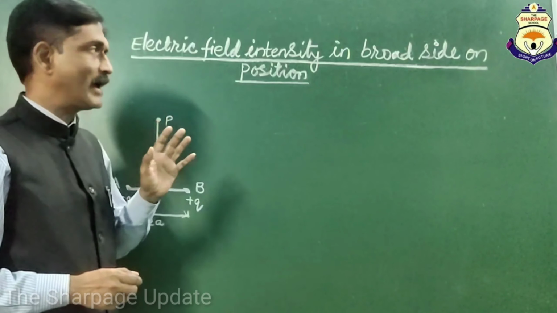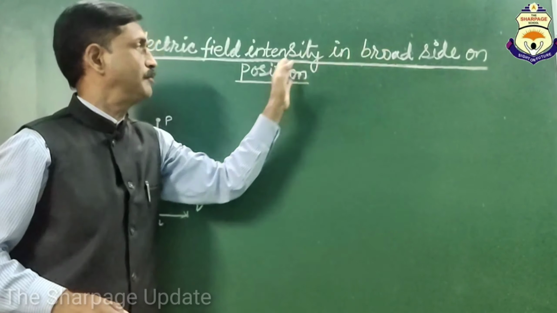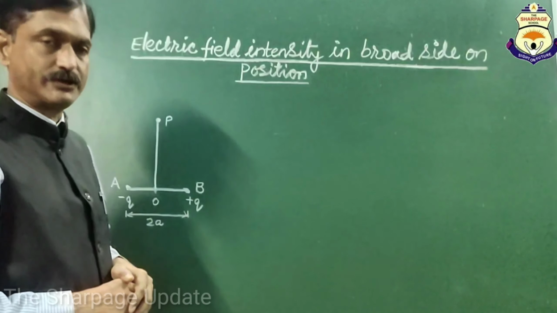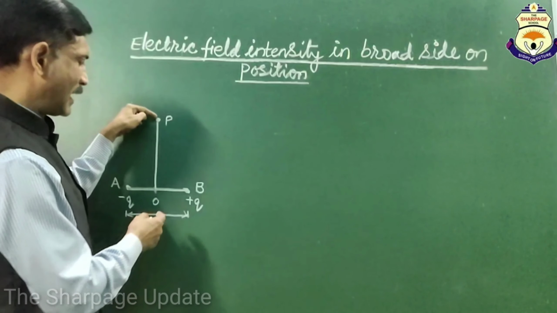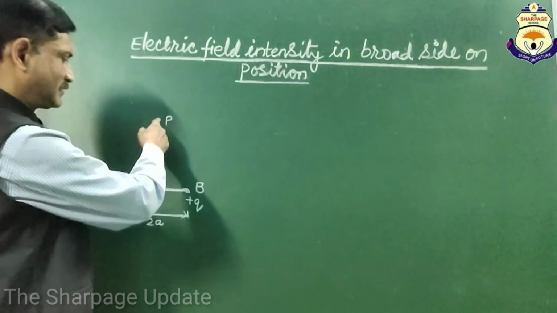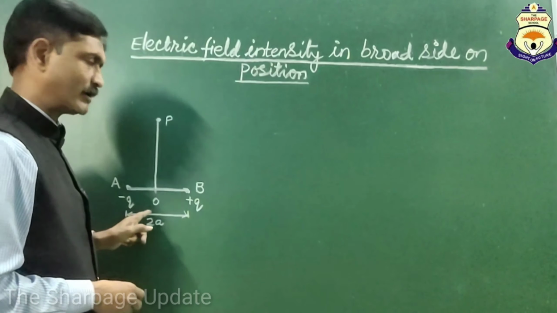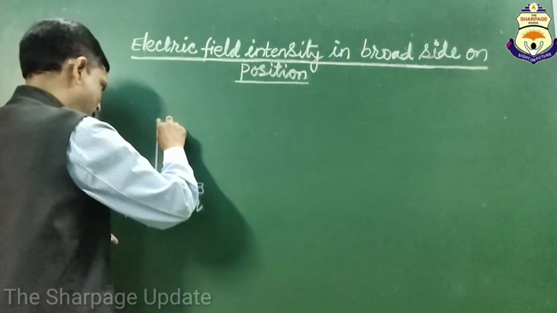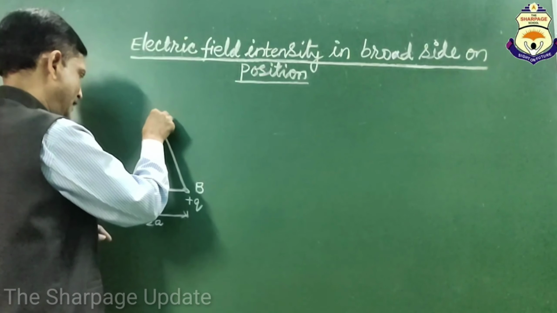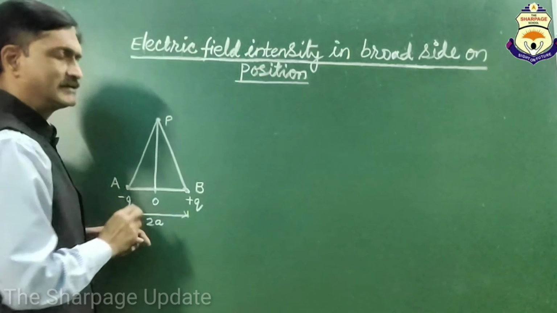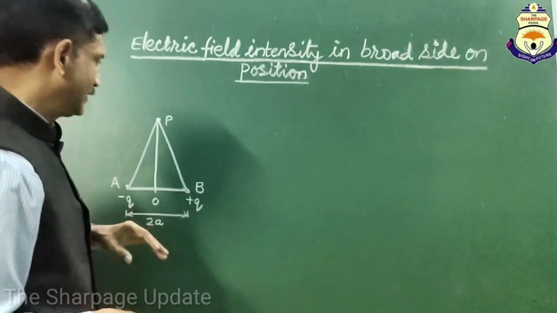At this point we have to find the electric field intensity, and the position of this point P is known as broadside on position or transverse position, because this point lies at the same distance from the two charges, plus Q charge and minus Q charge. So PB and PA are equal distances.